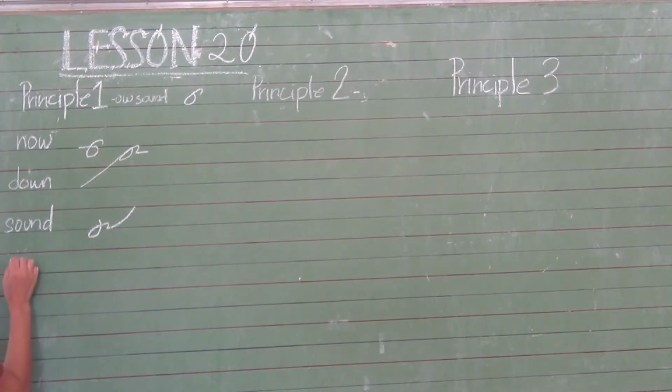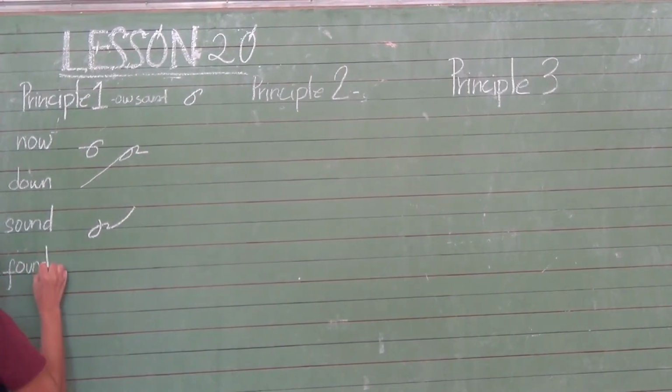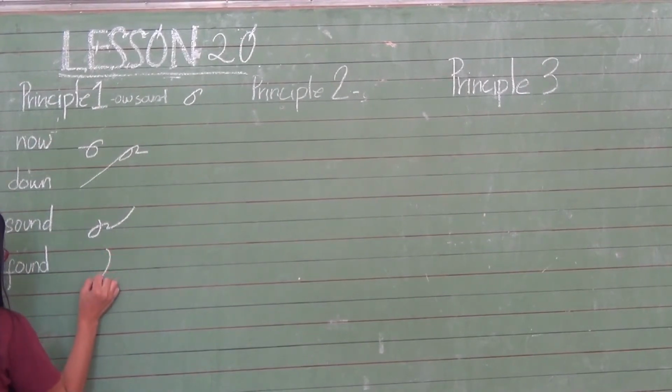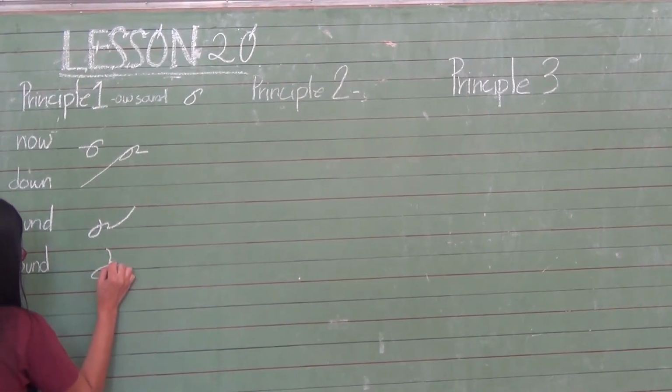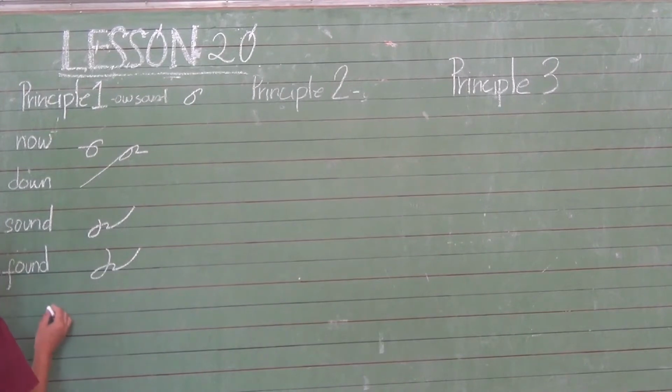Next, found. It is represented by F, A stroke, OO hook, and the combination of ND stroke. Next, south.